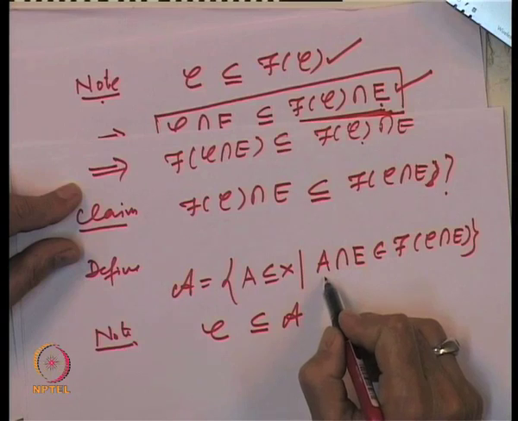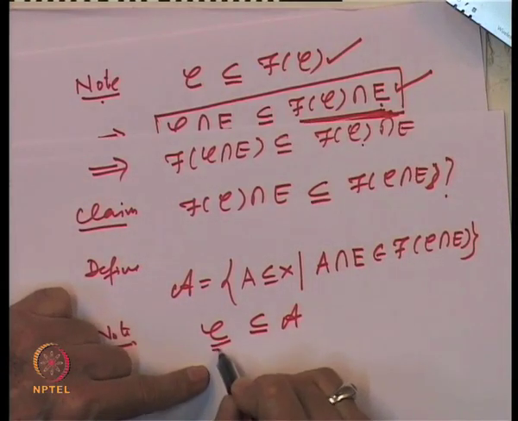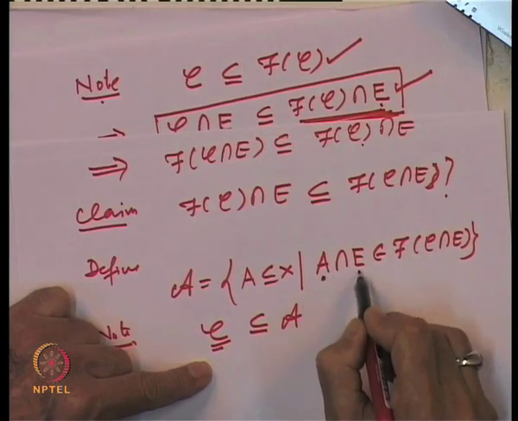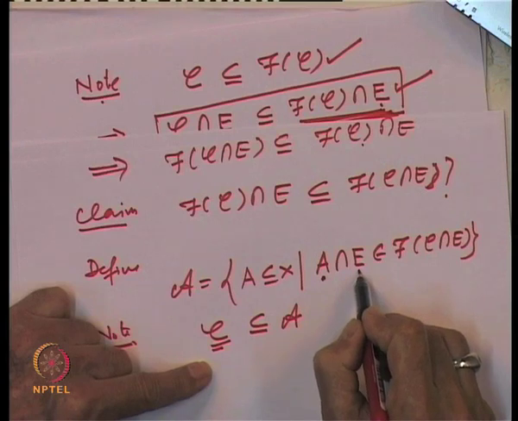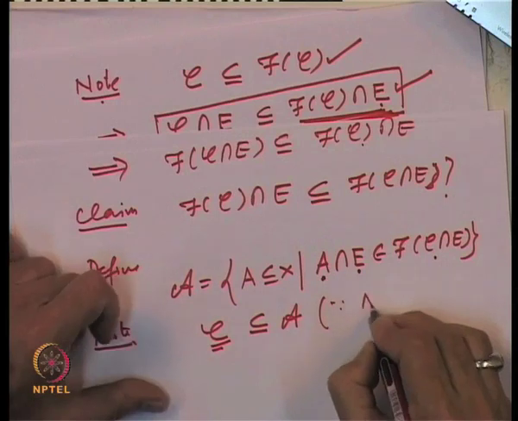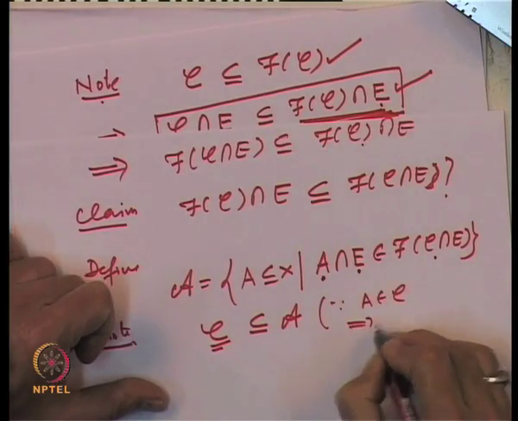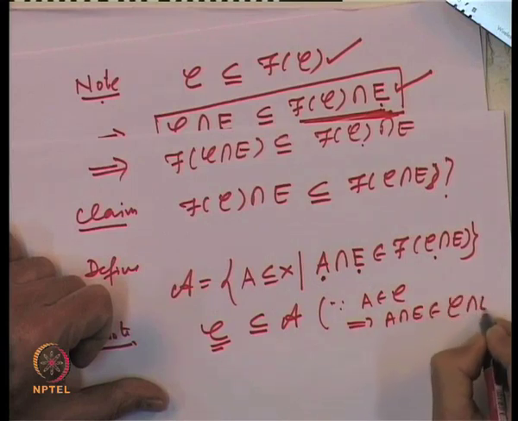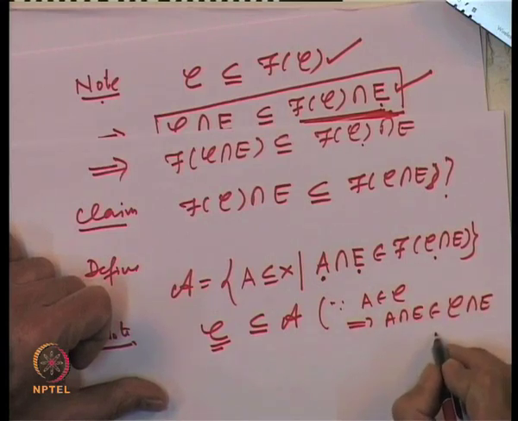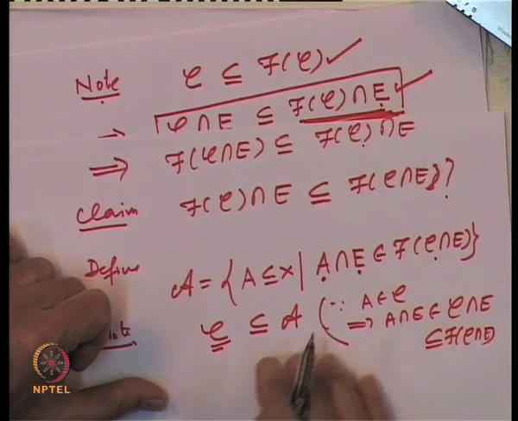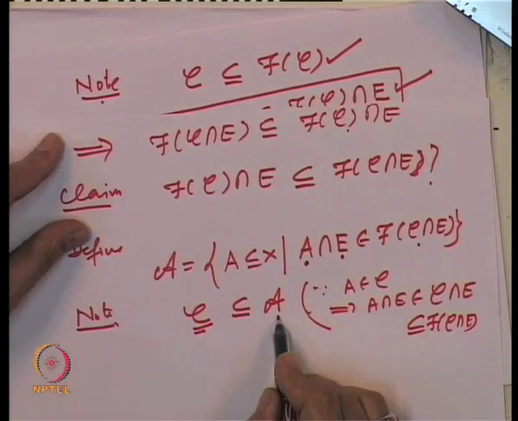That is obvious, because if I take an element in C, then that set A intersection E belongs to C intersection E, which is inside f of C intersection E, right, because A belonging to C implies A intersection E belongs to C intersection E, okay, and which is inside f of C intersection E. So, C is inside A. Okay.